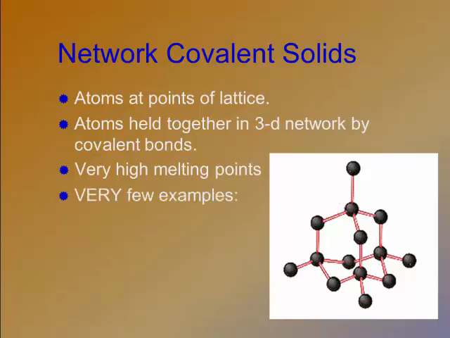There are very few examples of network covalent solids. Several allotropes of carbon, elemental silicon, silicates, compounds of silicon and oxygen like silicon dioxide, as well as the compound silicon carbide. I'll discuss network solids in more detail in a later video.